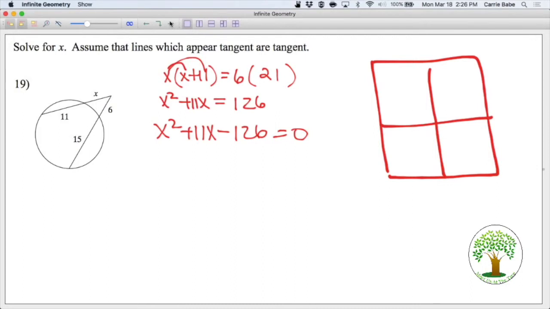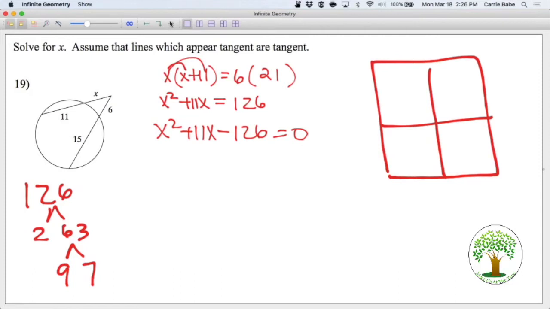So I would like to do the factor tree of 126. I know that 2 goes in there. 2 and 63. And 9 and 7. The reason I did a factor tree is because now I can do 9 times what gives me 126? 14. 9 and 14, does that make 11?